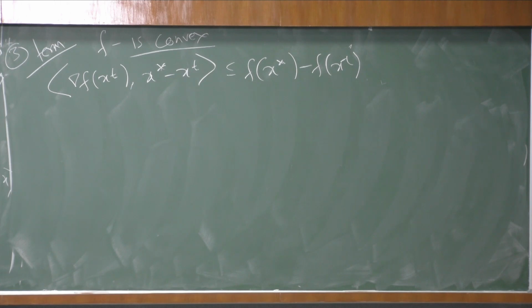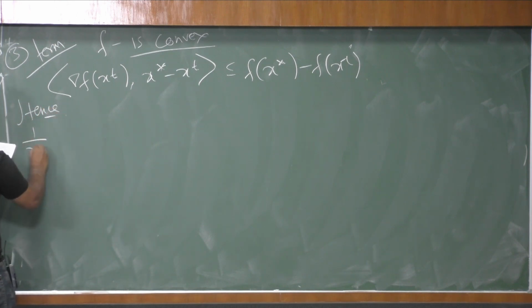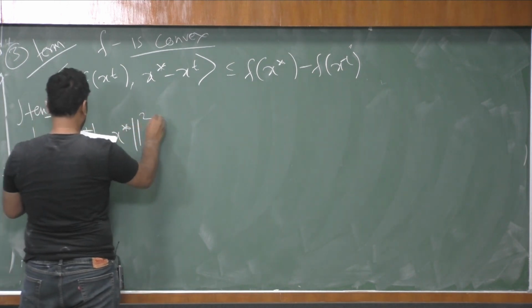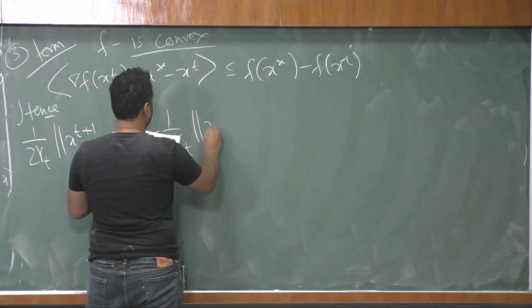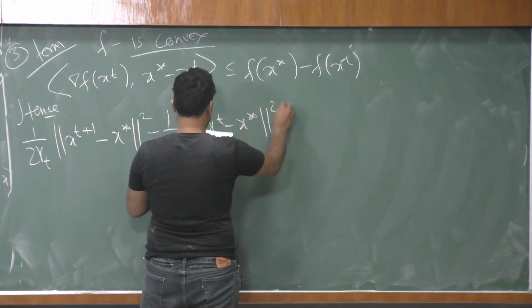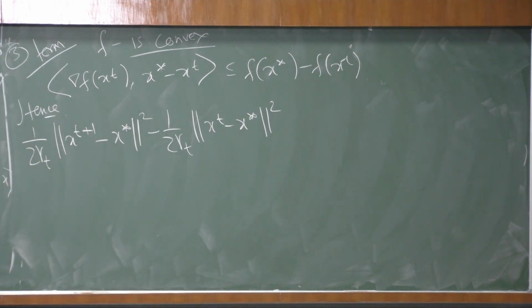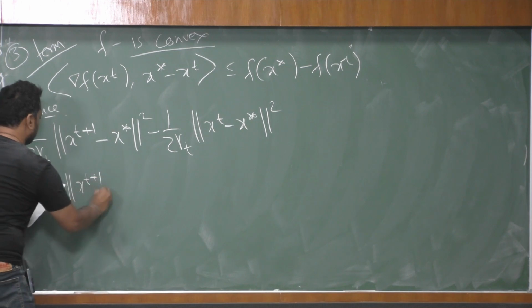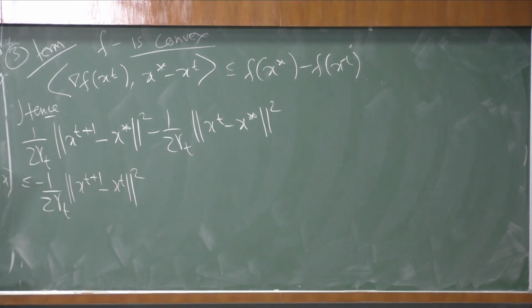Let's see where we are now, and then we will go back to the first expression that we wrote. So we can write, hence, 1 by 2 gamma t times the norm of xt plus 1 minus x star squared, minus 1 by 2 gamma t times the norm of xt minus x star squared. And in this, if you recall, we had the first term with xt plus 1 minus xt, which we didn't touch at that time.